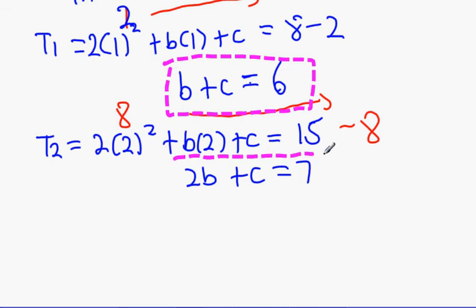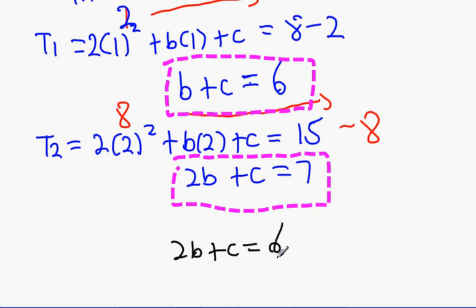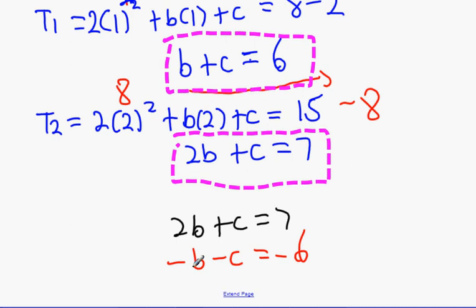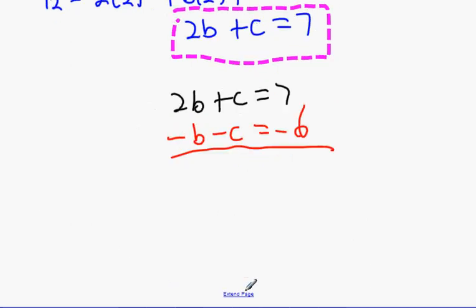1 and 2. Let's do these out. 2b plus c equals 7. What do we need to do with this equation here? Change it to minus. Minus b minus c equals minus 6. Cross it over.